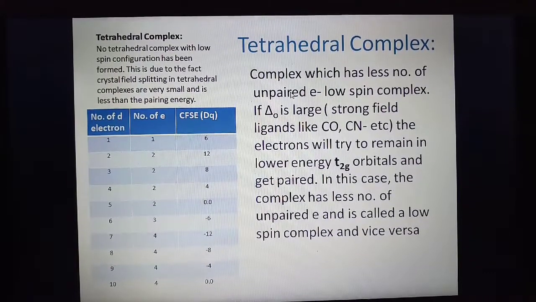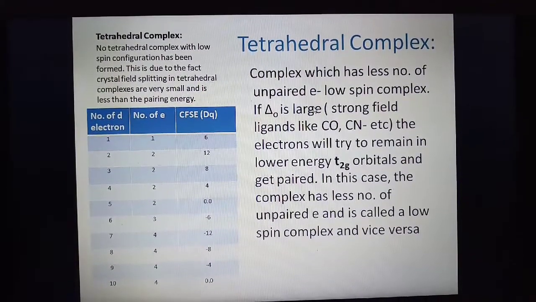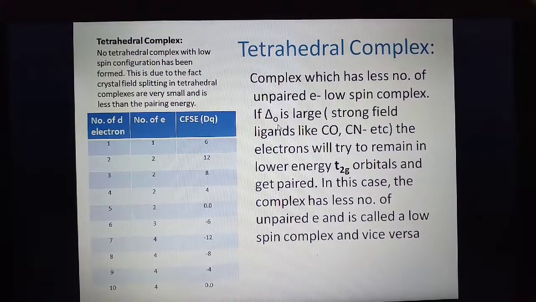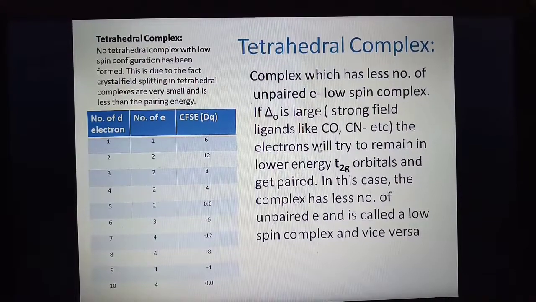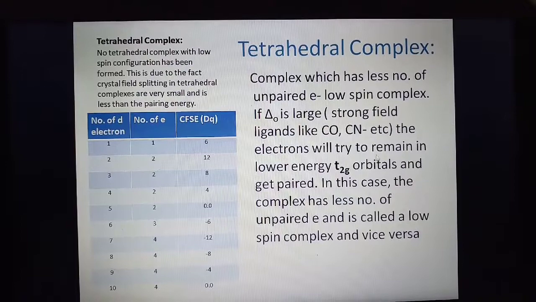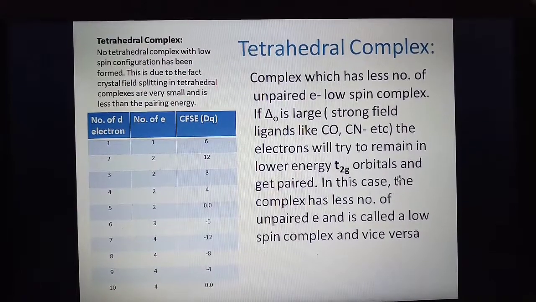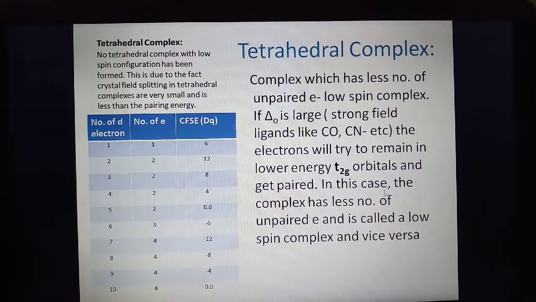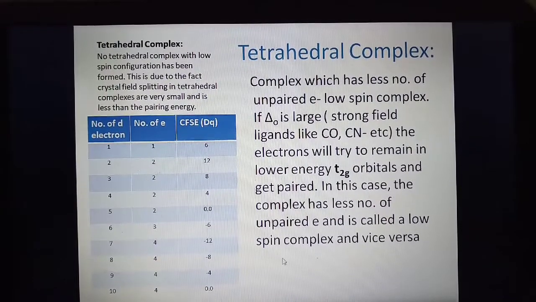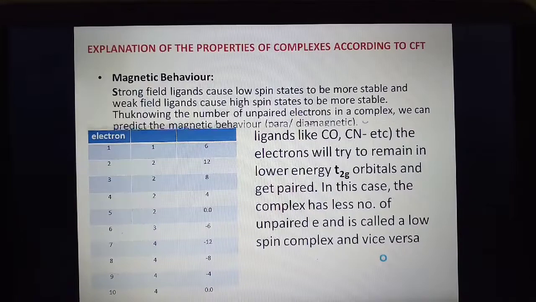So for tetrahedral complexes with a smaller number of unpaired electrons, low spin complexes, if delta naught is large with strong field ligands like carbon monoxide, cyanide, etc., the electrons will try to remain in the lower T2G orbitals and get paired. In this case, the complex has fewer unpaired electrons and is called a low spin complex, and vice versa.